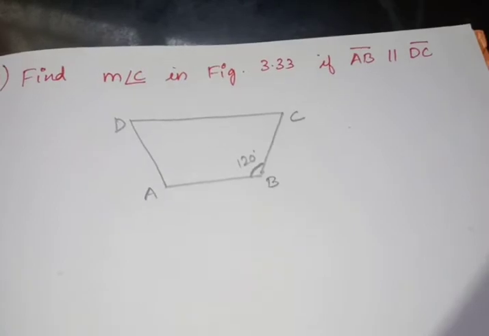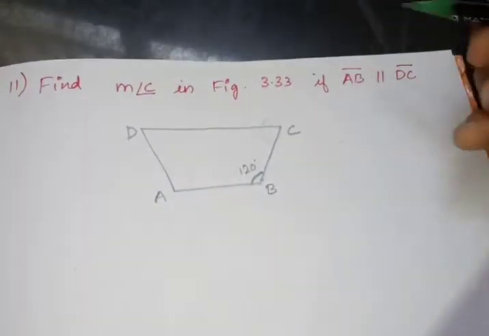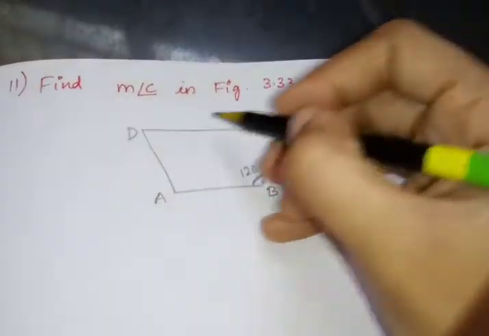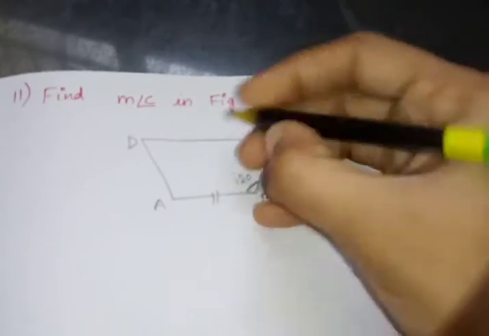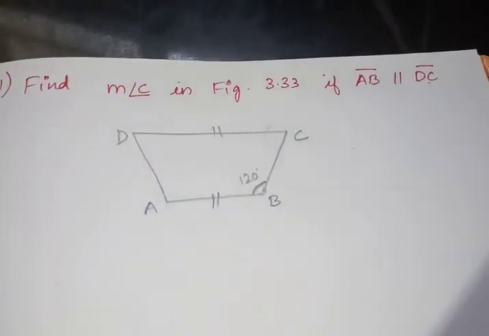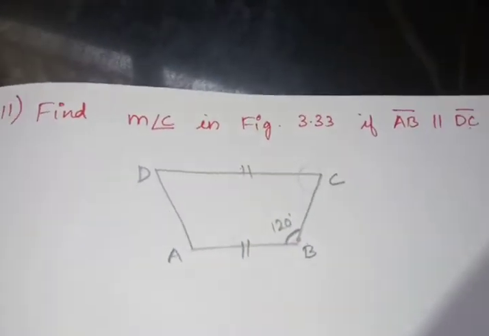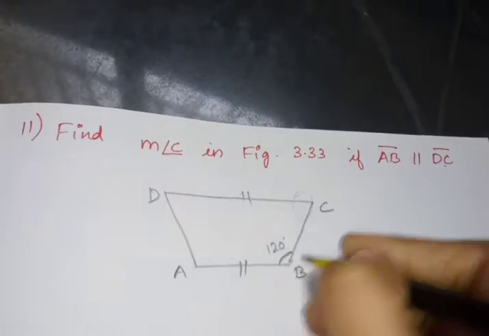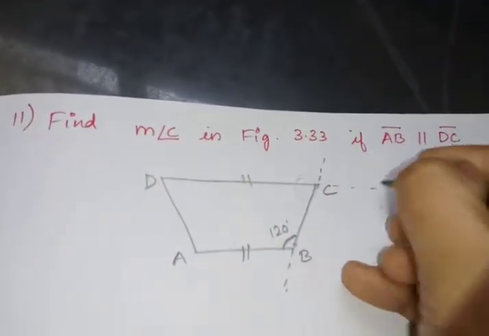11th question, find angle C. We are going to find this angle in this figure if AB is parallel to DC. If these two lines are parallel, this line will be your transversal, right?